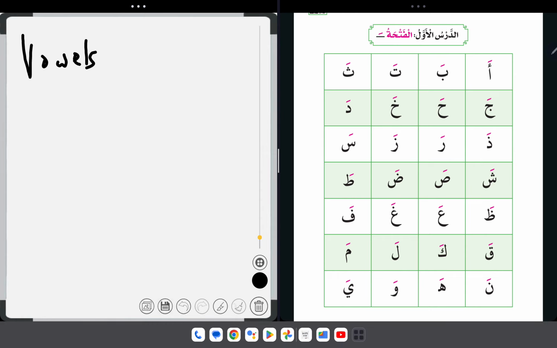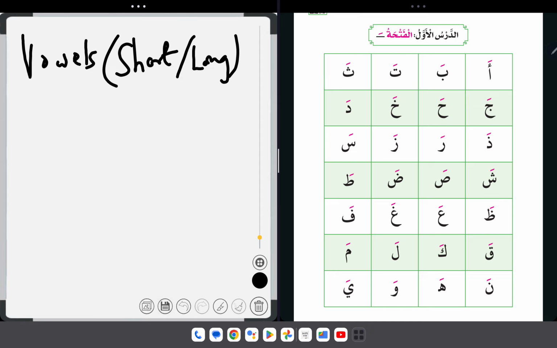As we all know that vowels help us to join letters together in languages. So the vowels we are going to be looking at firstly is the short vowels. So we have the long, the short, and the long. So we are going to be looking at the short vowels first of all.